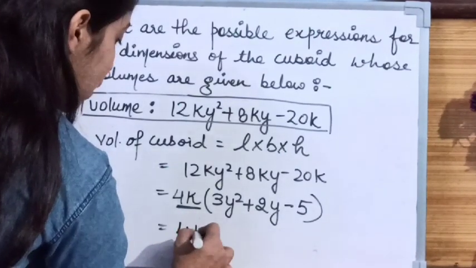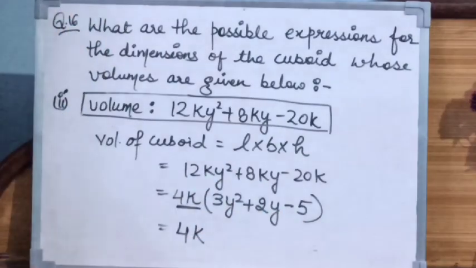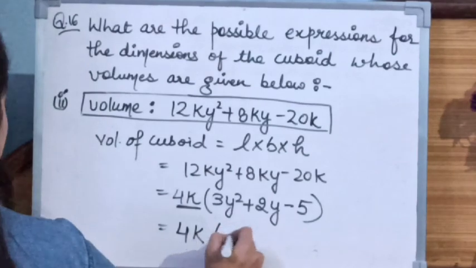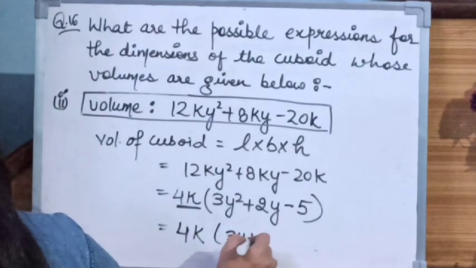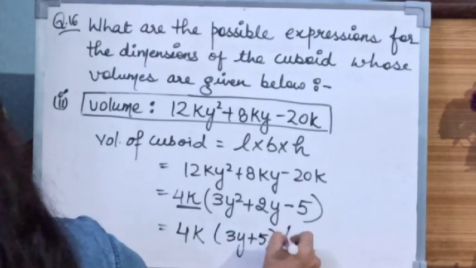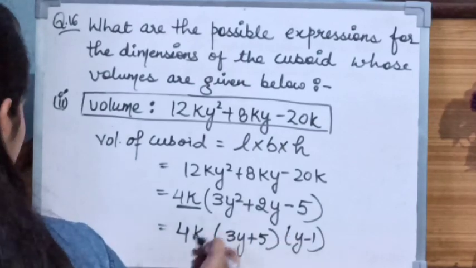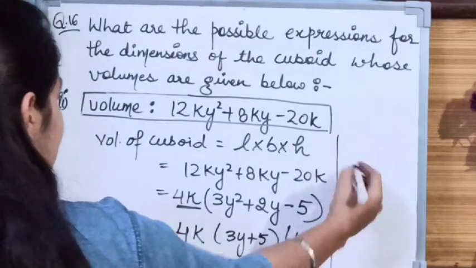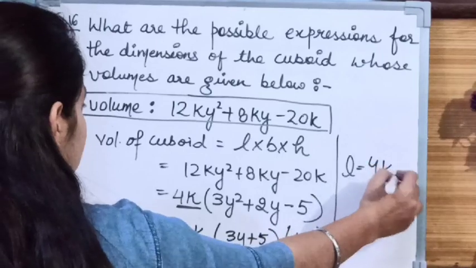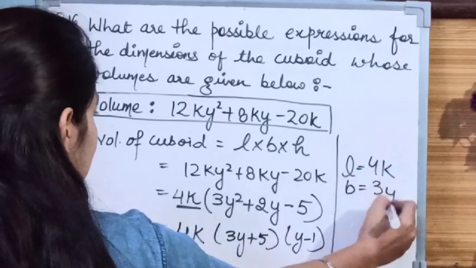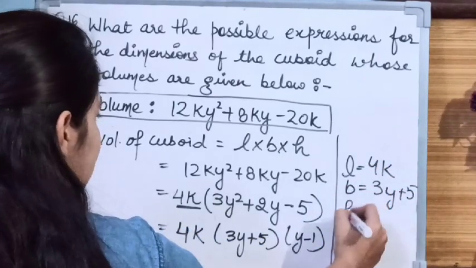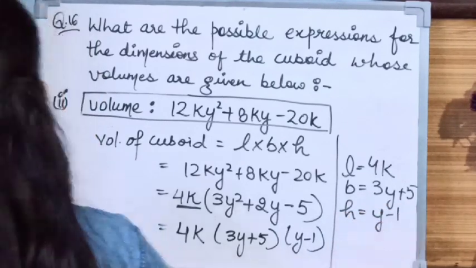I'm directly writing, students, remember you have to find the factors yourself using the splitting the middle term method, and you will get 3y plus 5 in one bracket and y minus 1 in the other. So length is equal to 4k, breadth is equal to 3y plus 5 and height is equal to y minus 1.